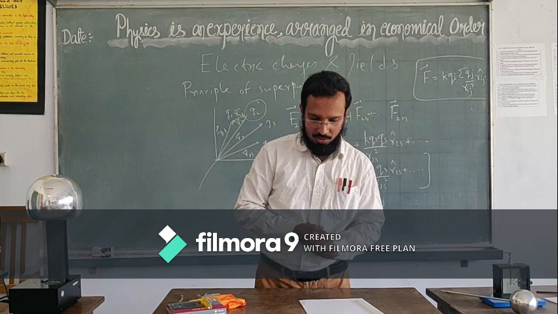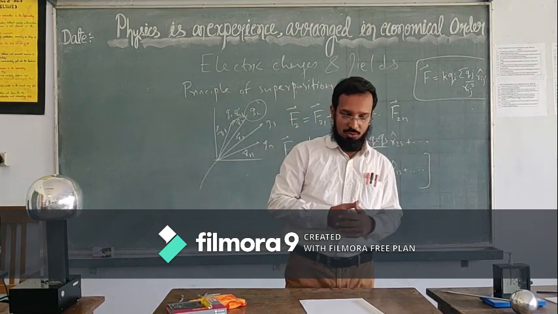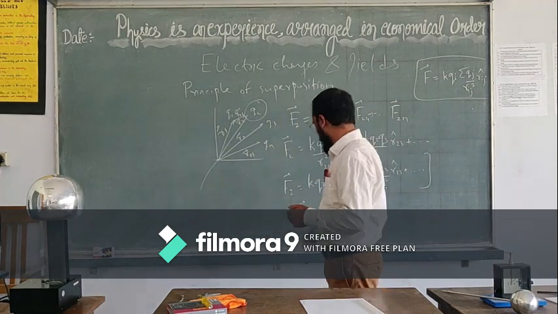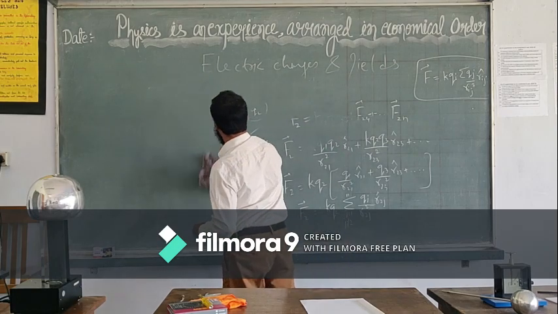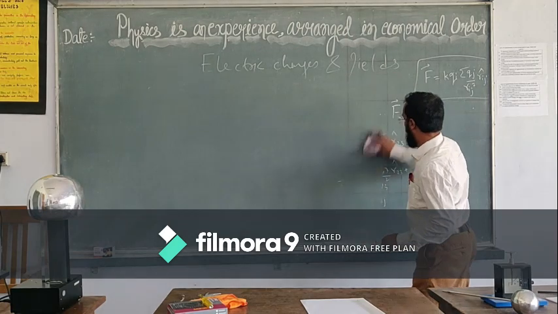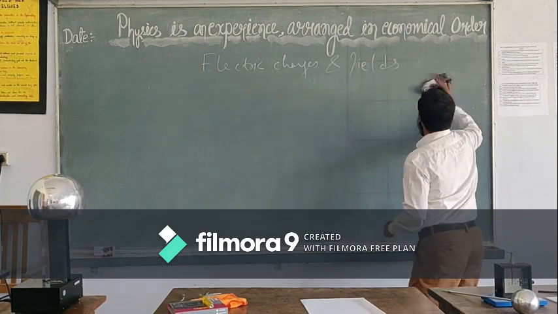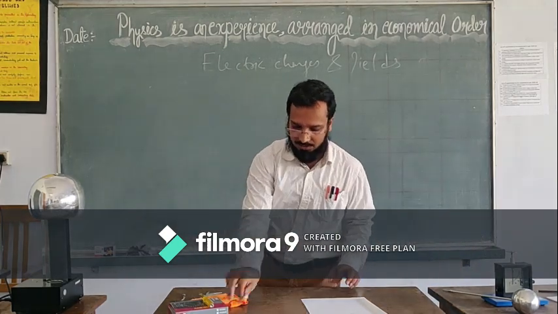Now I want to give you one example so that the concept goes through you. And so let us start with one very good example. Suppose I have two charges.